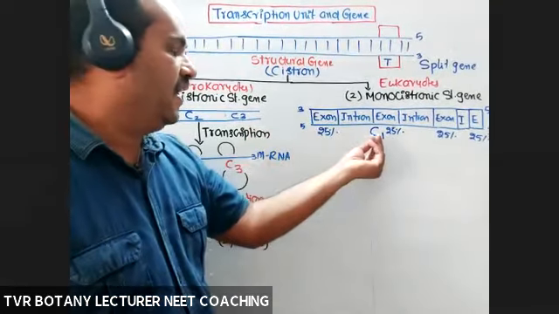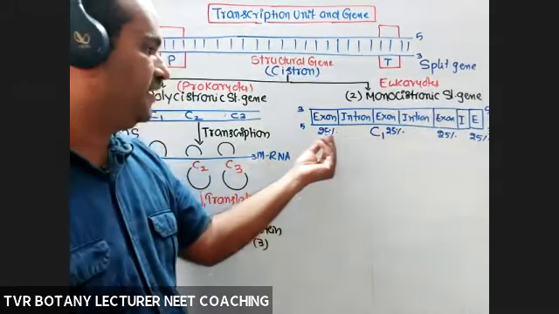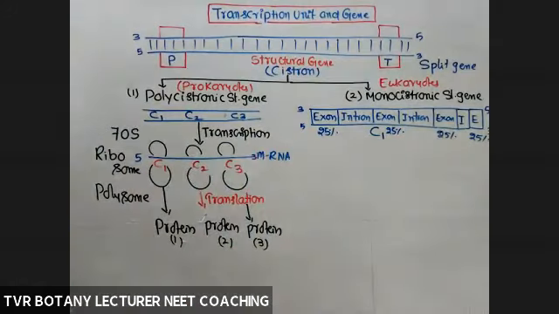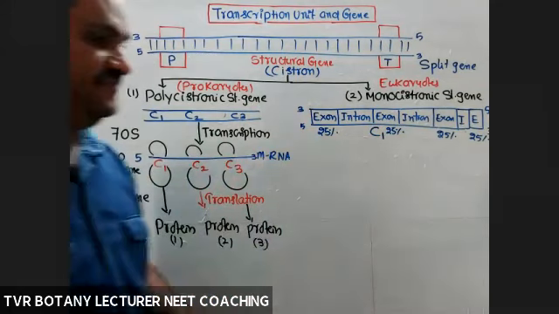Simply divide the coding part into 25%, 25%, 25%, 25%. That is a split gene. The structural gene present in eukaryotes is monocistronic, and that is a split, discontinuous gene.